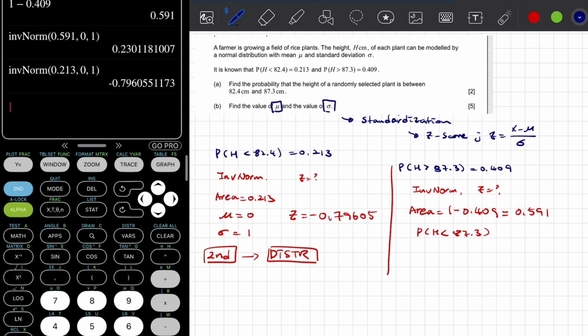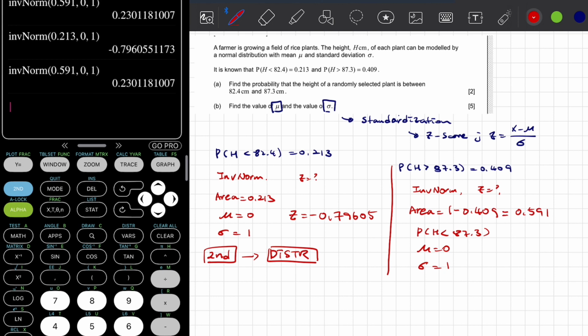So make sure you check your calculator, and you can still set the mean value equal to 0 and standard deviation value equal to 1. So you do second distribution, inverse norm, and you set your area at 0.591, mean value equal to 0, standard deviation value equal to 1.